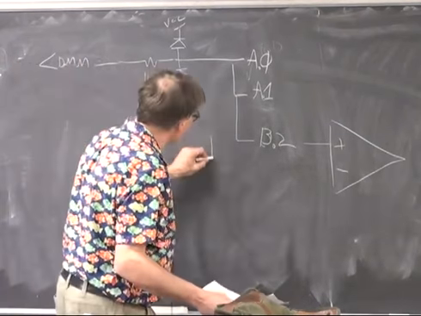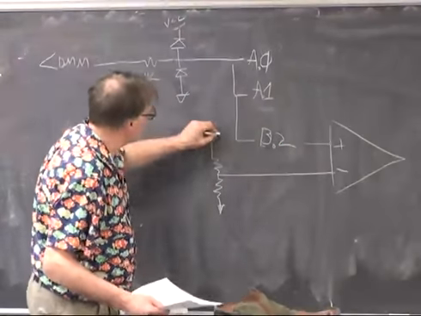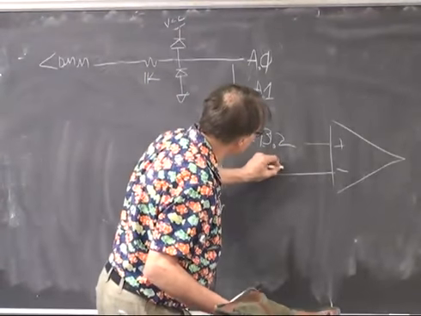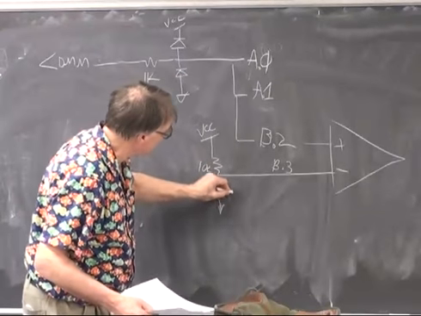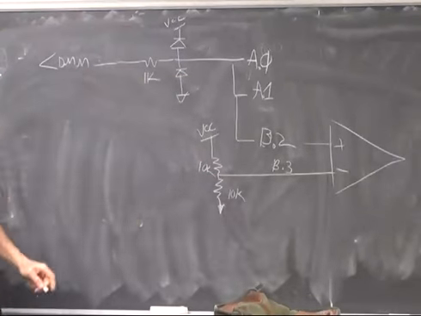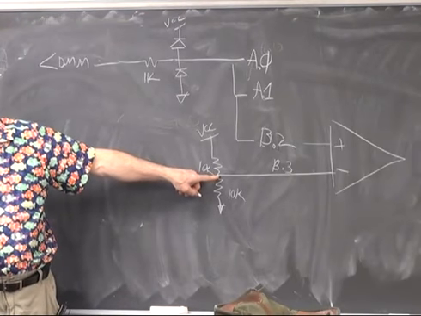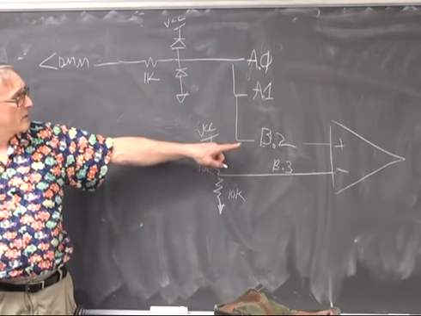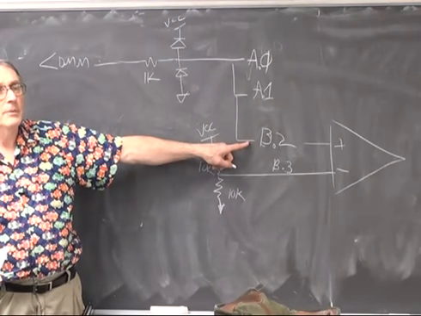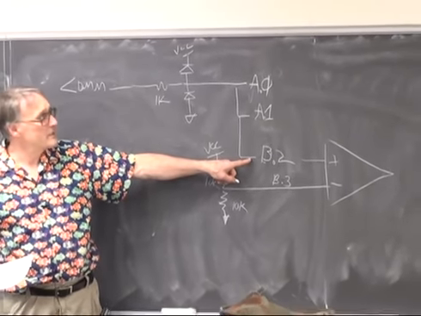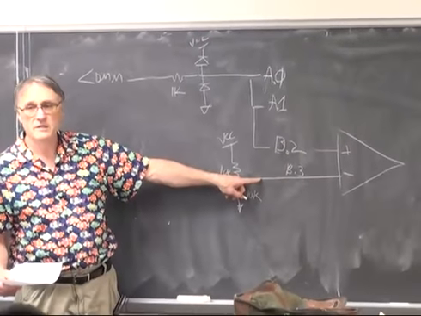Then B.3 is connected through a voltage divider to VCC, where these are maybe 10K each. So B.3 is set to VCC over 2, and the comparator will transition its output from VCC to 0 whenever B2 transitions across the voltage VCC over 2.